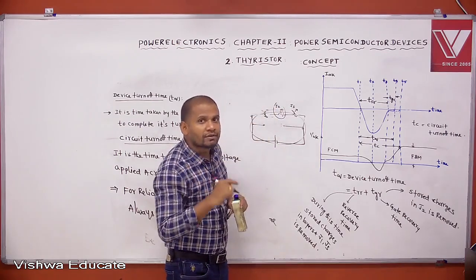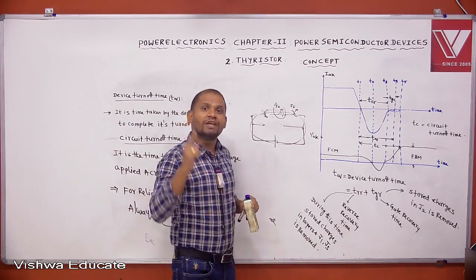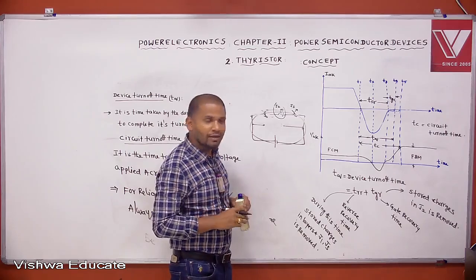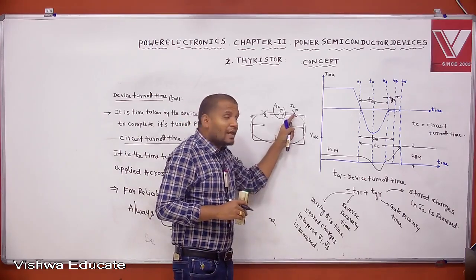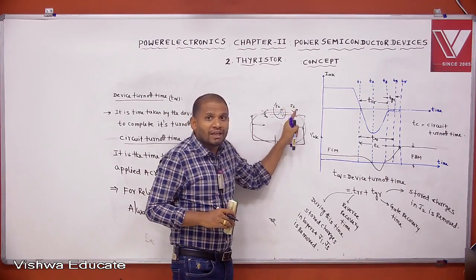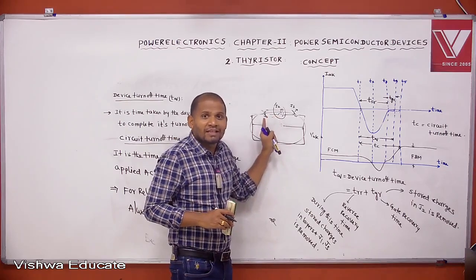I am telling you that J2 is the more saturated junction. But you may have a doubt: how to say that J2 is more saturated? Is J3 the more saturated? No, J2 is the more saturated. Why? J3 is the junction between highly doped and less highly doped. J2 is the junction between less highly doped and less doped.